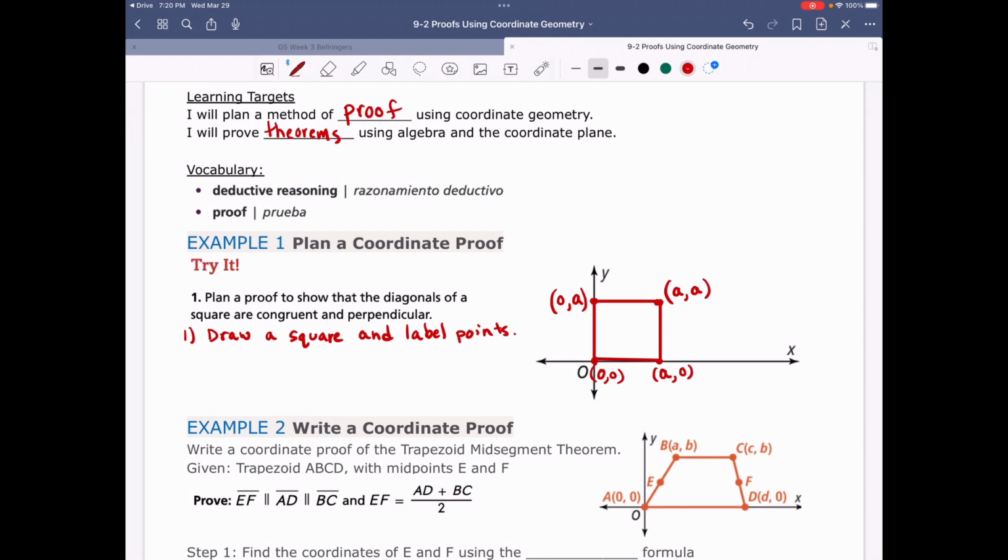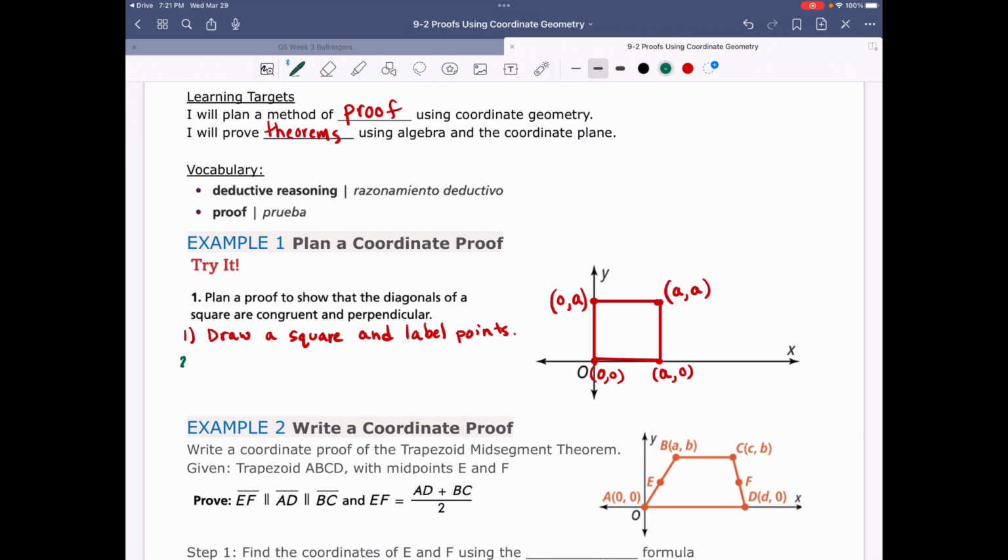And we're using algebra to label these points because we don't know what the actual numbers are, and if we use a variable, then we can prove this for any square because it doesn't matter what number we put into a, it will be a square.